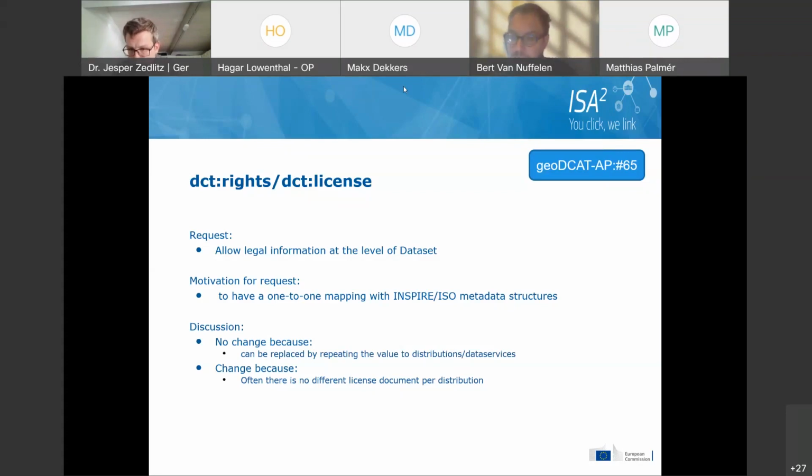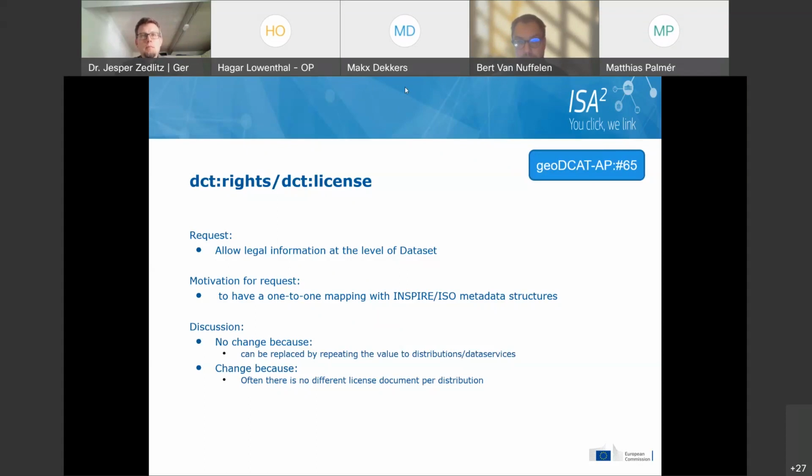And that implication was considered to be difficult. I don't think there is anything inherent in the RDF semantics that says that something applying on the dataset level necessarily must apply to all distributions, even though I think it's natural, but that was the problem, because there is no way of actually inheriting that.